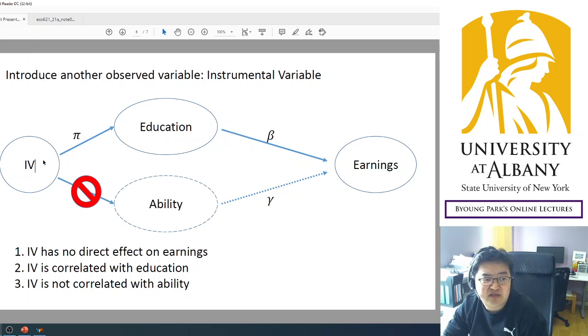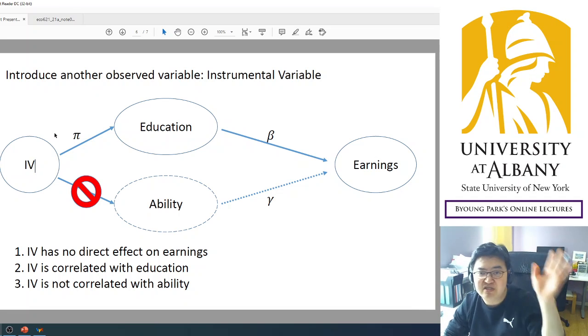So the effect is transferred only this way. Then all the other bridges are broken, and we have pi, beta, gamma, and delta. Delta is hidden here. So those are the only correlations we have among these 4 variables, right?